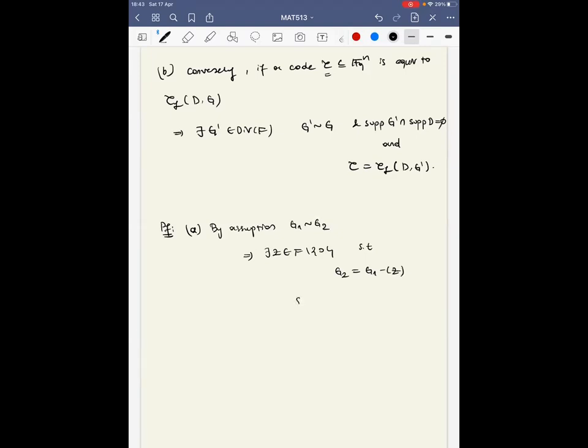And the support of G2 is disjoint from the support of D, so that means Z cannot have any poles or zeros at P_i. Z has no zeros and poles at P_i's.